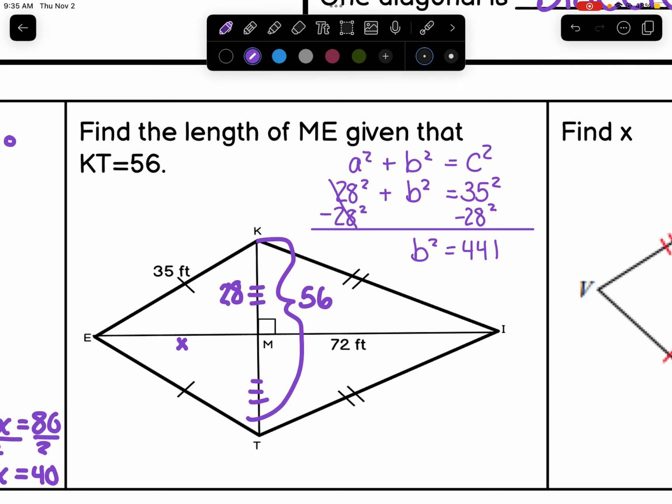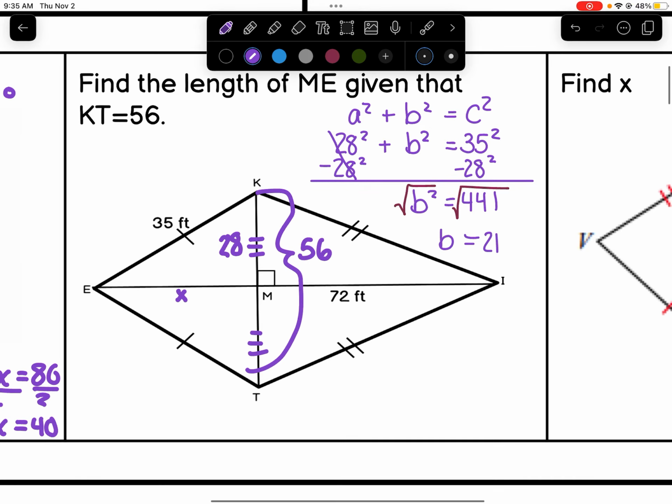Now, our last step in Pythagorean theorem is always to take the square root. And so b equals 21. And so the length of ME is 21 feet.